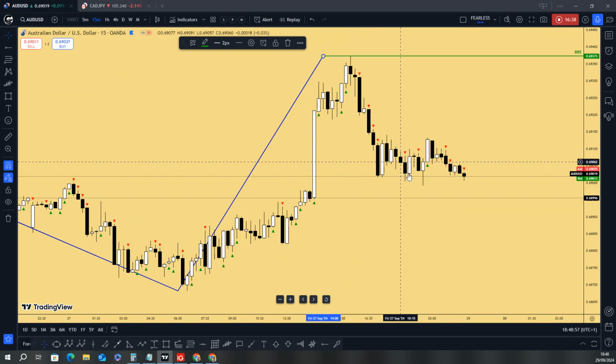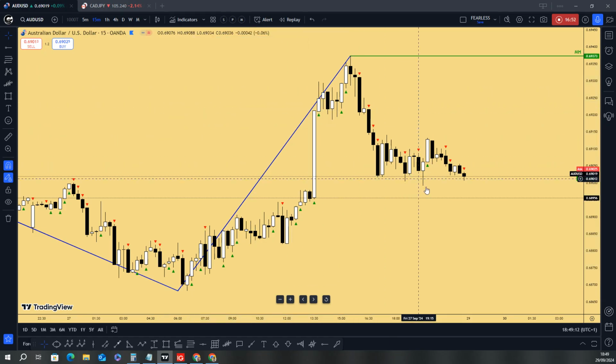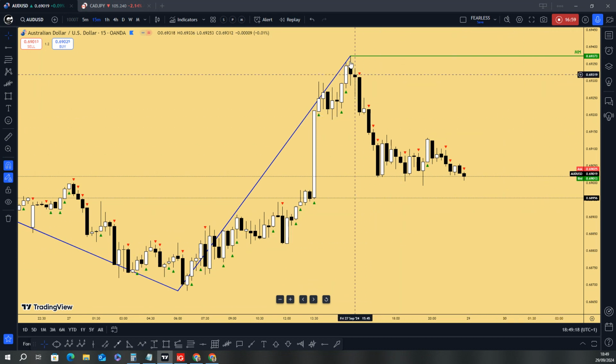So we have 0, 1, 0, A, B. So this hasn't done anything. Okay, we cannot make a trading decision based on the information we have on the Aussie dollar right now. But if we have a lower low here, we can look for a pullback and sell the pullback because this market is going through a correction.